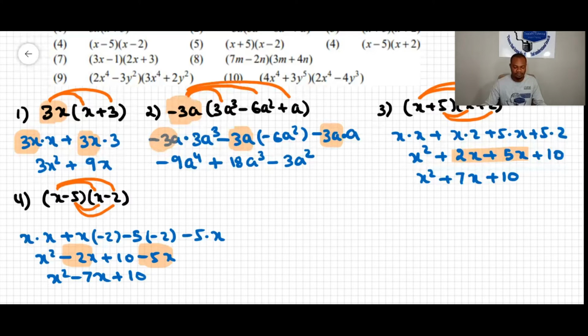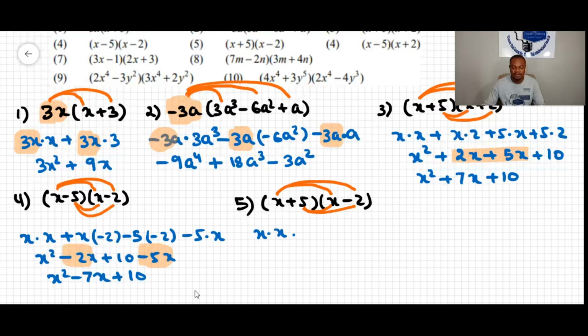Let's see, number 5 is also similar to number 3 and 4, but there's a slight difference. See, this is x plus 5, and then here x minus 2. Now we do the same thing. X times x, x times -2, 5 times x, 5 times -2. So this will be x times x, and then plus x times -2, and then plus 5 times x, and then plus 5 times -2.